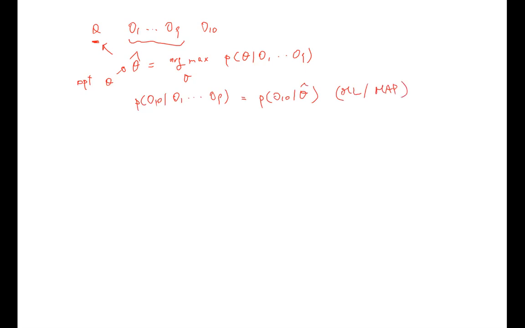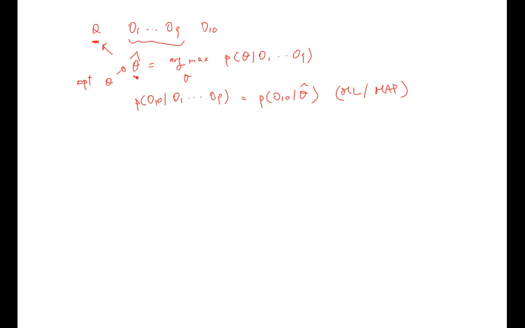Now for Bayesian, you see the problem is that I can be too extreme, in the sense that I just pick one model out of many models, the peak model.